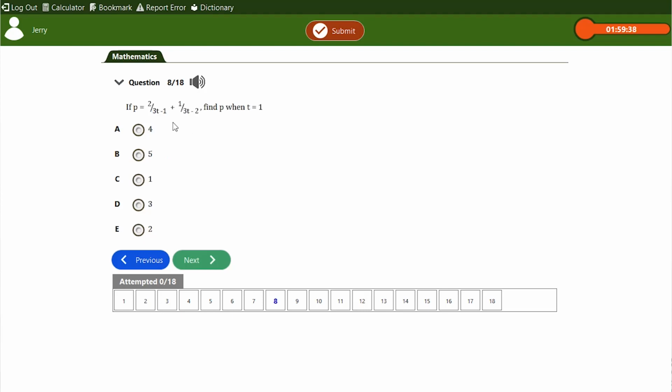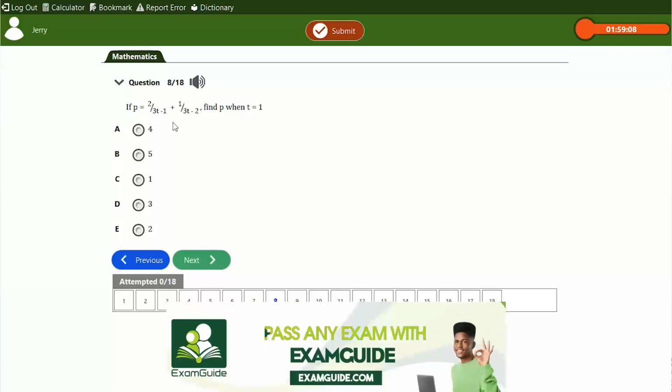Okay, let's look at this. They say number 3, if P is equal to 2 all over 3t minus 1, plus 1 all over 3t minus 2.